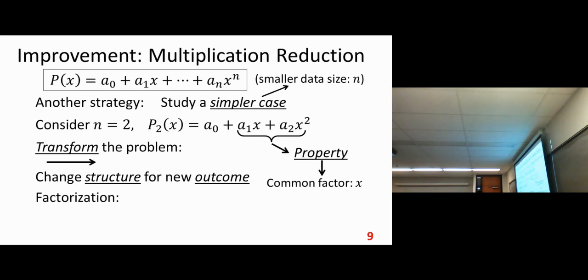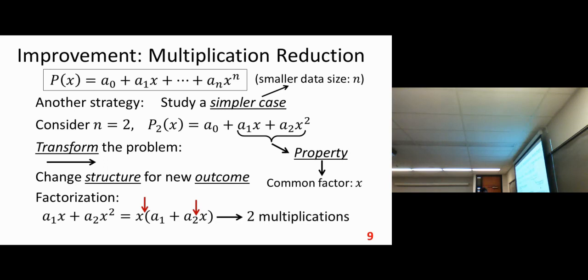We transform the expression, we change its form in this way. After that, we count the number of multiplications. One here, one there, and we get the result, 2 multiplications. If we compare with the older way, we need 3.